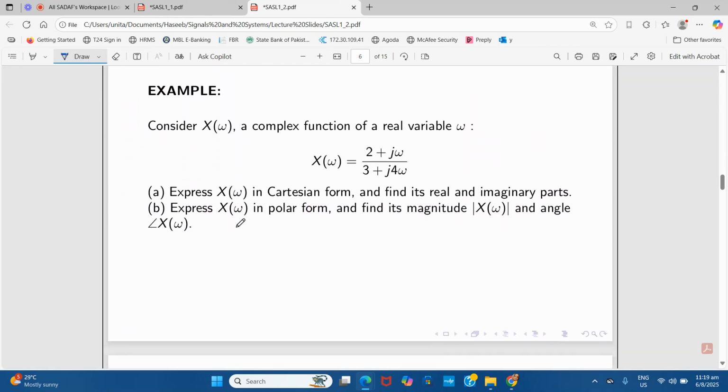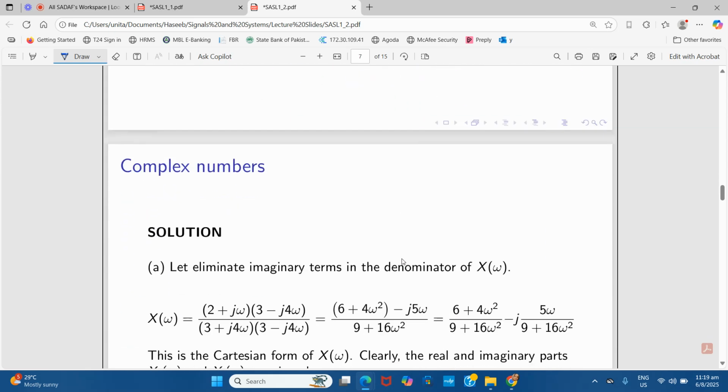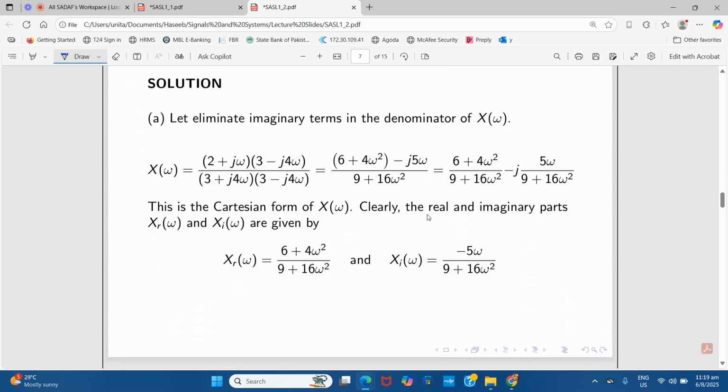Suppose there is an example where you have a complex function of a real variable omega. The function x of omega is given to you, and you have to represent it in Cartesian form and find its real and imaginary parts. How can you do that? Some mathematics is involved. First, you need to eliminate the imaginary term in the denominator.